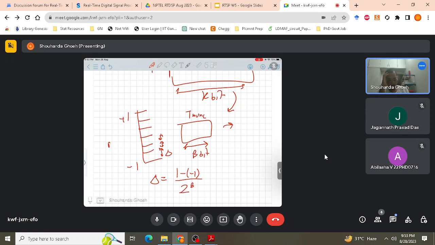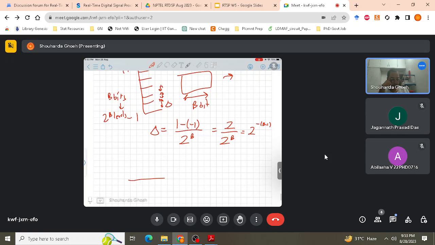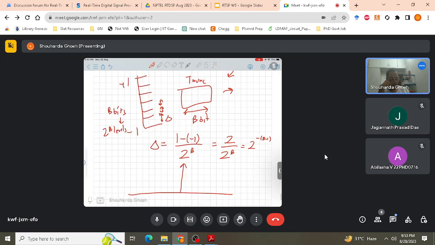There are b bits, so b bits means 2 to the power b levels. If you have looked at the first or second lectures, these things were covered. So it is 2 by 2 to the power b, so this delta is 2 to the power minus of b minus 1, and we are assuming that this quantization noise is uniformly distributed between minus delta by 2 to plus delta by 2 with a probability density function 1 upon delta.